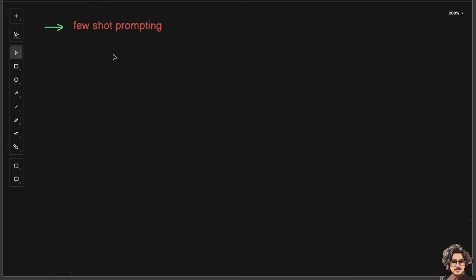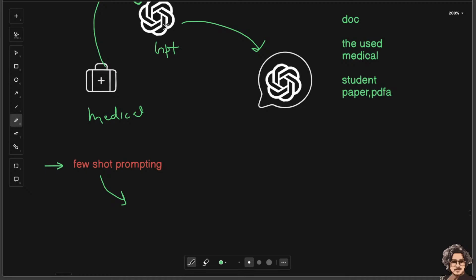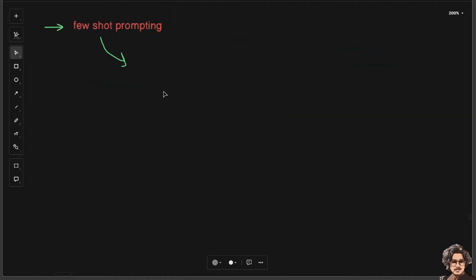As we discussed in the last prompt engineering session, if we want to provide input to an LLM, we have to give it with examples to get a more accurate result.